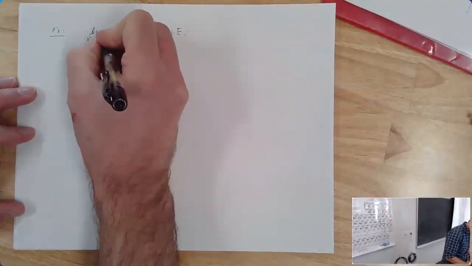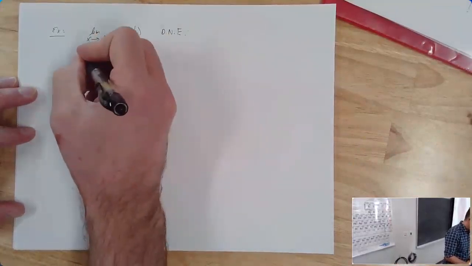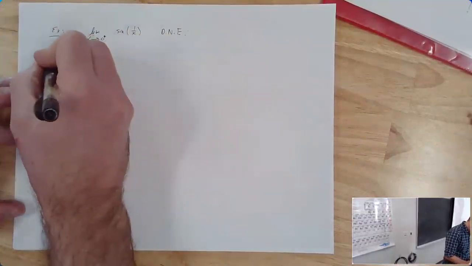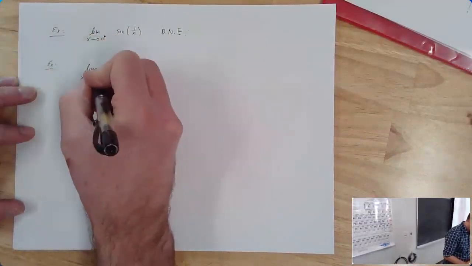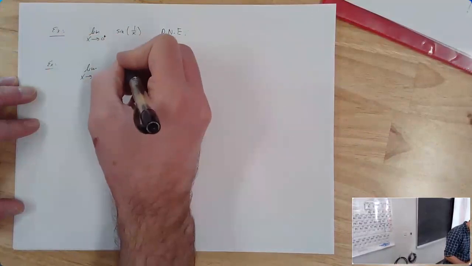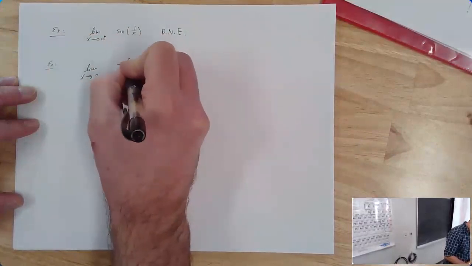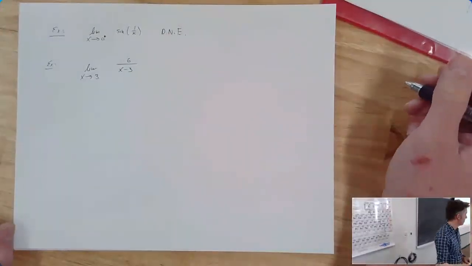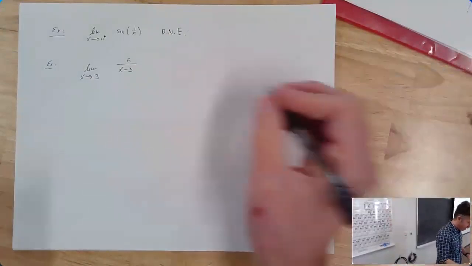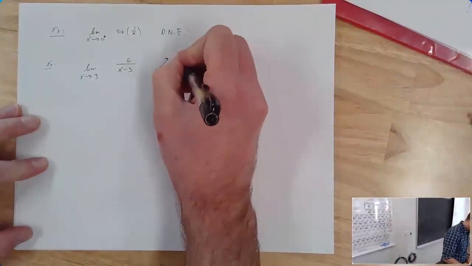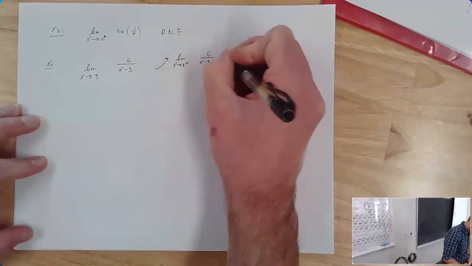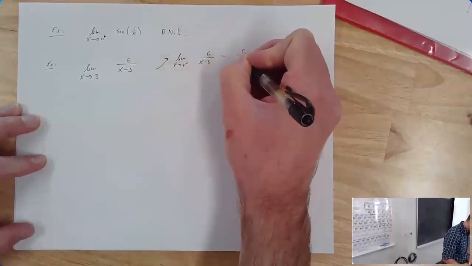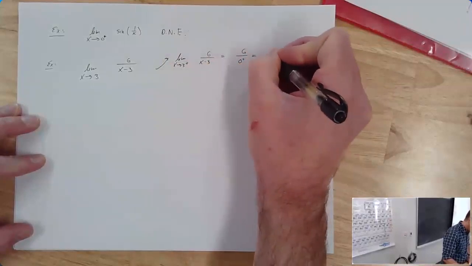Let's go from the right, just to be specific. But another example, the example I think you're actually asking about, is something like the limit as x approaches 3 again of 6 over x minus 3. Because that's a two-sided limit, and the right side, the limit as x approaches 3 from the right, is going to be 6 over a slightly positive 0, which is positive infinity.